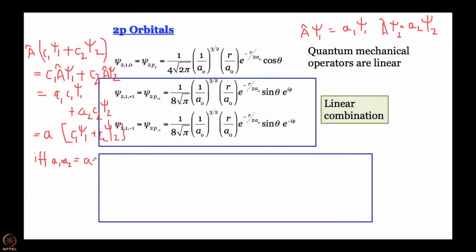So, we are always allowed to generate new functions, new solutions, knowing already existing acceptable solutions. And what I have shown you is that if we have two functions whose eigenvalues of an operator are the same, then the linear combinations, no matter which linear combination, I took C1 and C2, they are perfectly general.